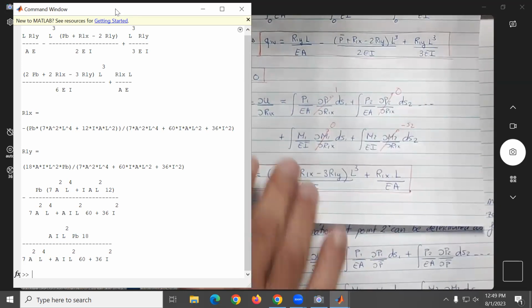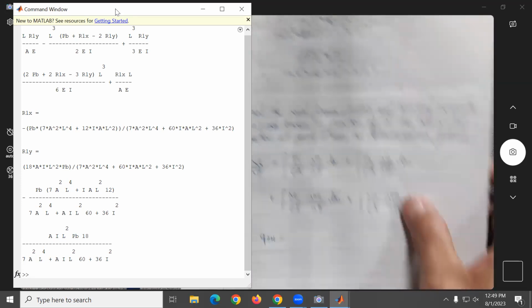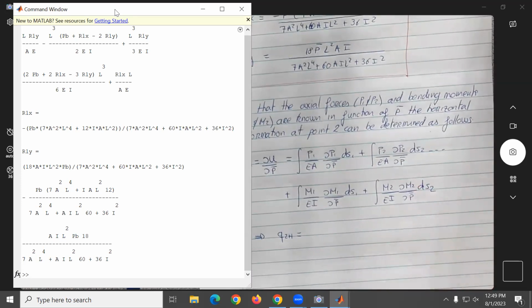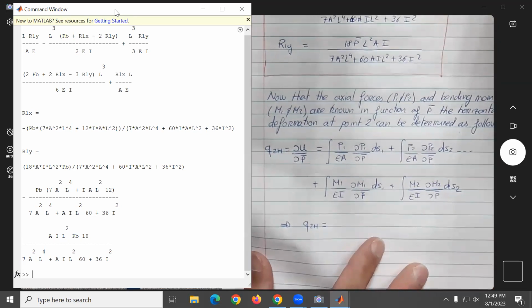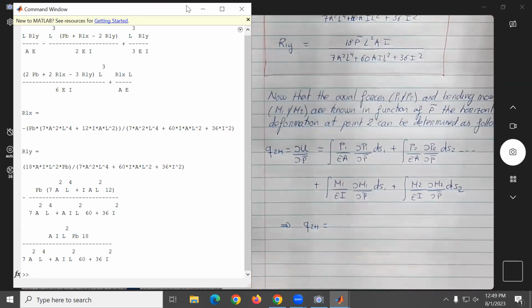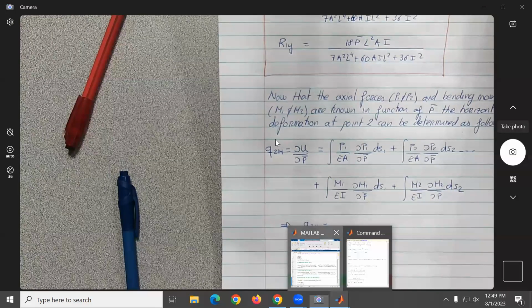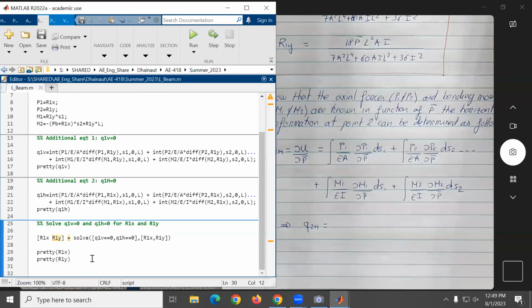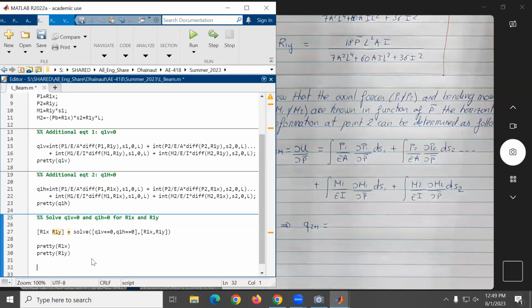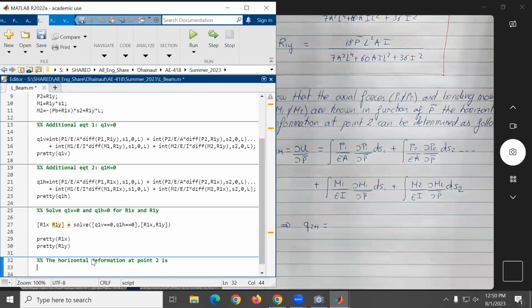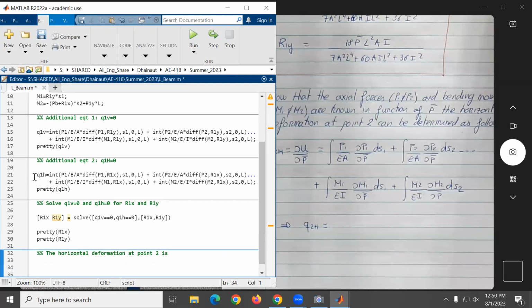Oops, sorry guys, I've run out of paper here, so here we go. Okay, as you do this, I'm going to come here to the MATLAB code, where I can just say the horizontal deformation at point 2 is, and then copy either one of these.